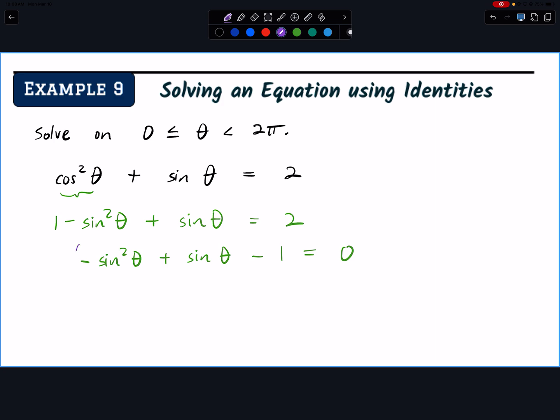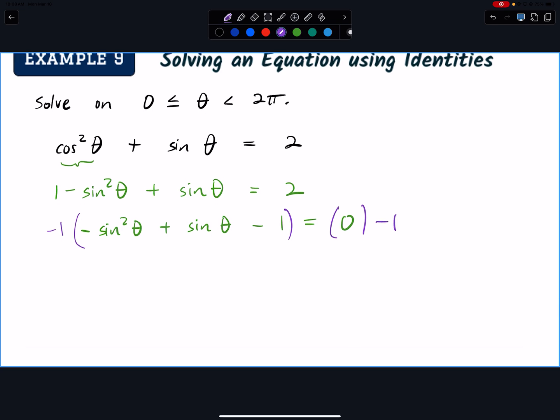So if I multiply everything by -1, that will make this turn positive, and then I'll still get the same answer as before. So sine squared theta minus sine of theta plus 1 is equal to 0.